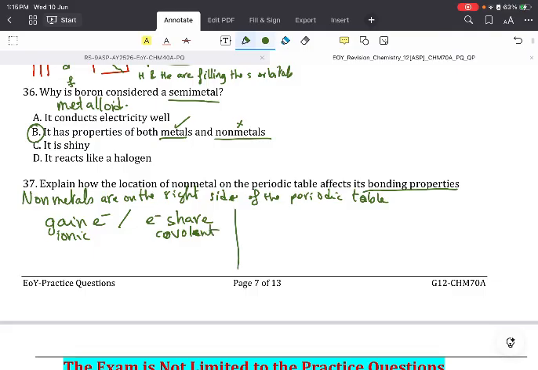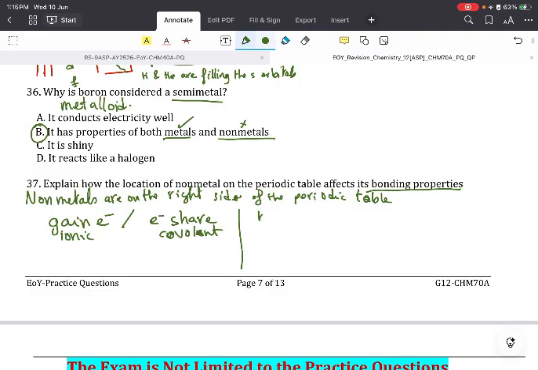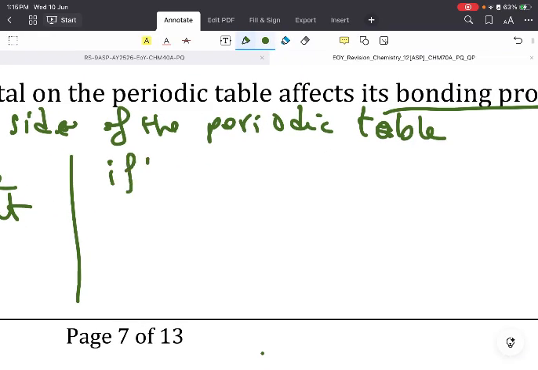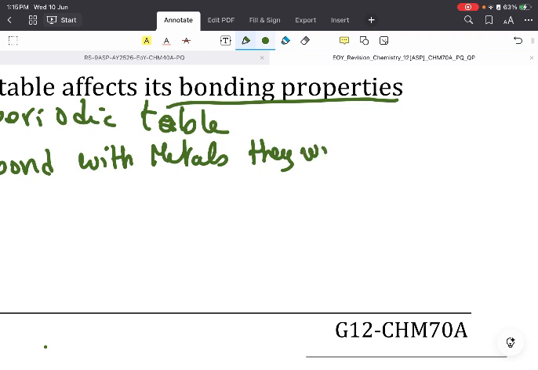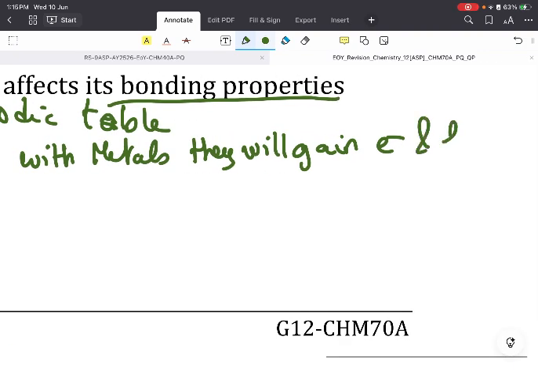Let me make it clear. If the non-metals bond with metals, they will gain electrons and form ionic bonds.